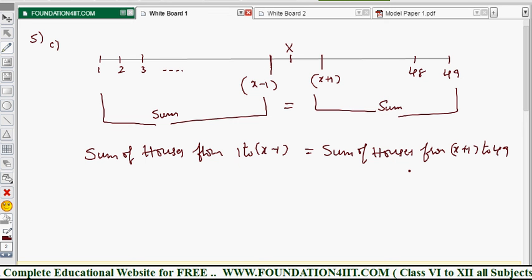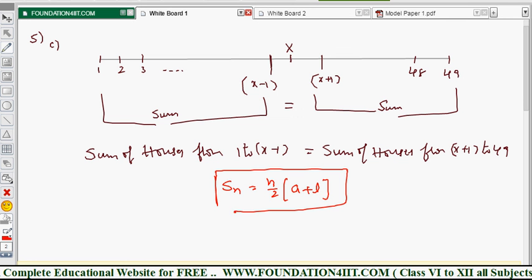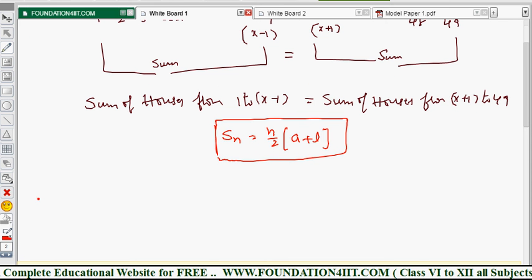So we can apply the S N formula here. When you know the first and last term, S N is equal to n by 2 into A plus L. A is the first number, L is the last number, n is the total number of terms. Now if you apply this, the sum of the house numbers from 1 to x minus 1: total numbers is x minus 1 now.